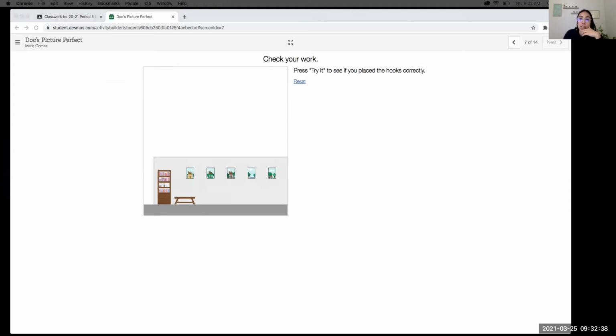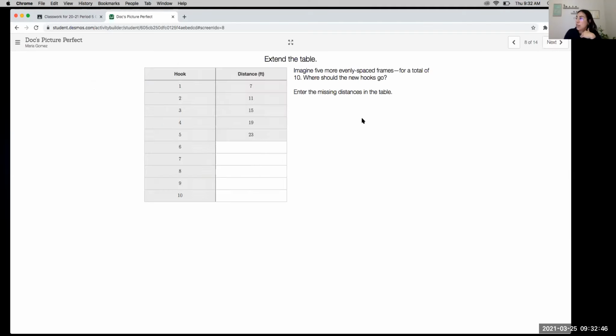Okay, I'm going to go ahead and open up slide 8 and slide 9. Follow me along to slide 8 and slide 9. So on slide 8, we are going to get a way bigger wall, a wall that could actually hold 10 hooks. So imagine that you have 5 more frames that we still want to have equally spaced.